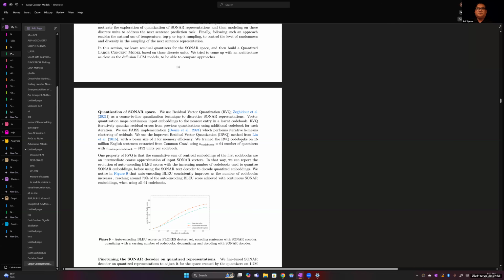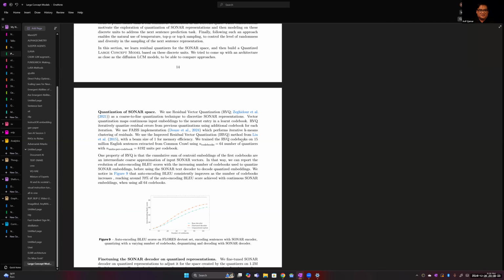Those of you who are familiar with, for example, the vector quantized autoencoder, VQ-VAE, this would be somewhat reminiscent of that, even though this one actually uses improved residual vector quantization, a slightly different thing. Actually, no, I take that back. Vector quantization uses a codebook, whereas this is a simpler quantization, granularity quantization.